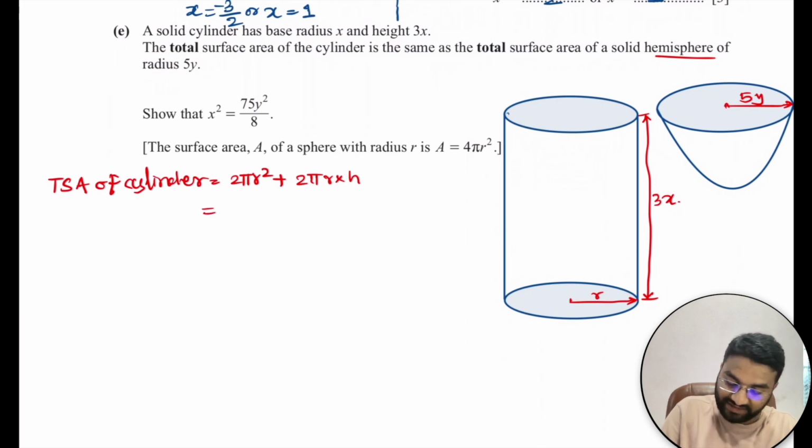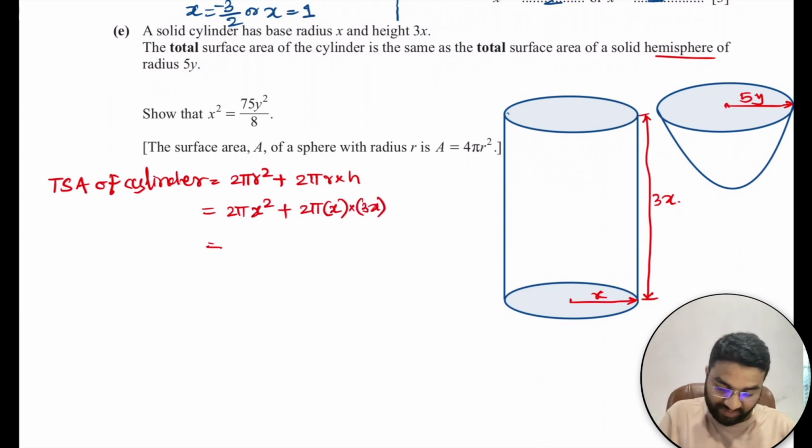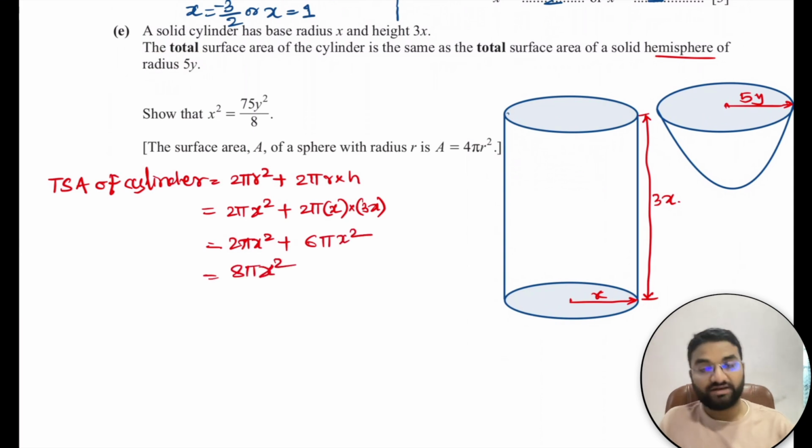So here r is x and h is 3x. So it's 2 pi x square plus 2 pi x times 3x. So the simplified form will be 2 pi x square plus 6 pi x square. So it will be 8 pi x square, the total surface area of the cylinder.